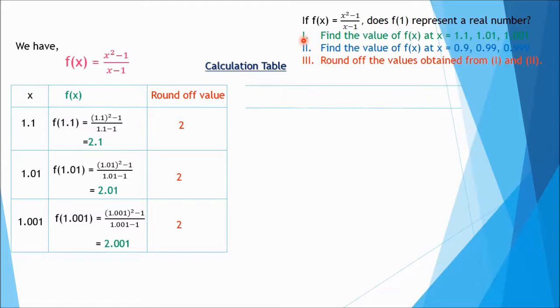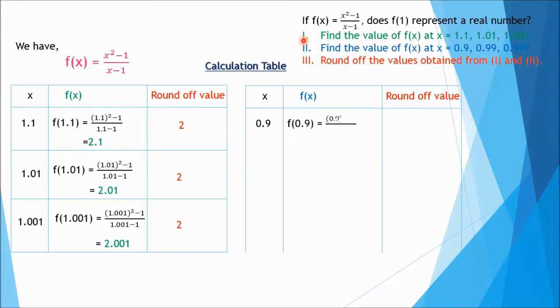Now we have done it for the first and for the second, blue, and red for the third. Now let's draw the table, with the value of x, f(x), and rounded value. When the value of x is 0.9, you can substitute the value of x as 0.9, use your calculator, and its value is 1.9. Now if we round 1.9, the number will be 2.